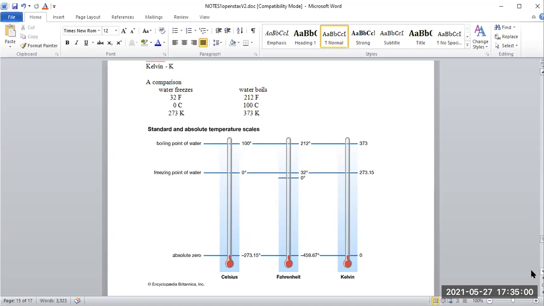And then there's Kelvin, which has no negative values. Kelvin is based as an absolute set of data. One of the reasons I really like this picture was it kind of gives you an idea on how this all lines up.